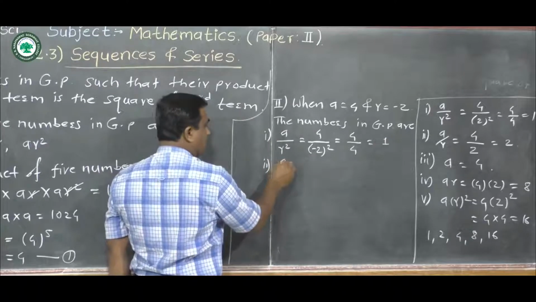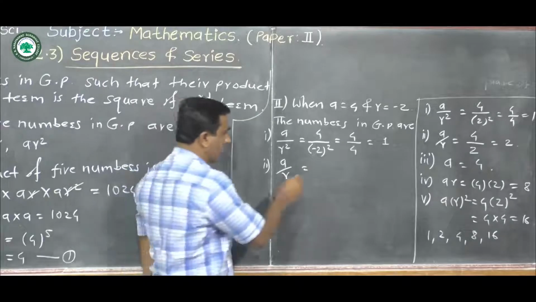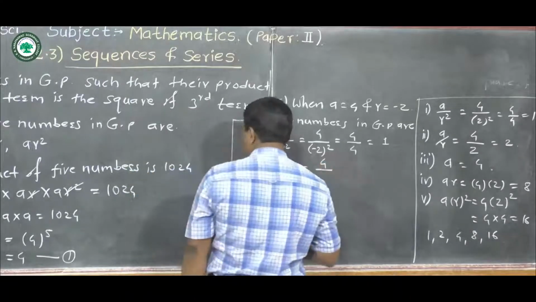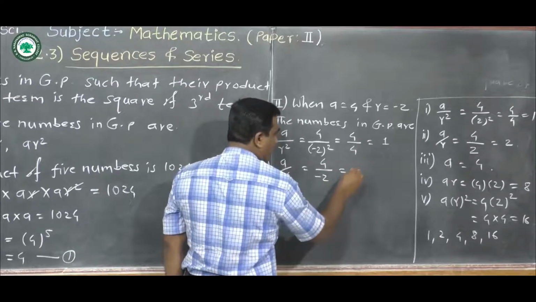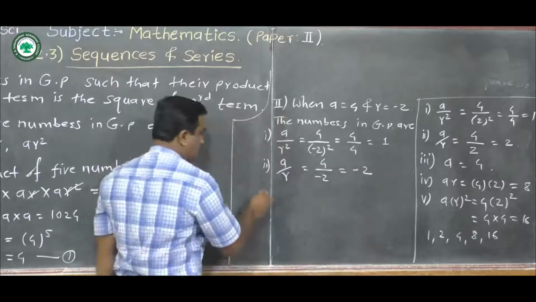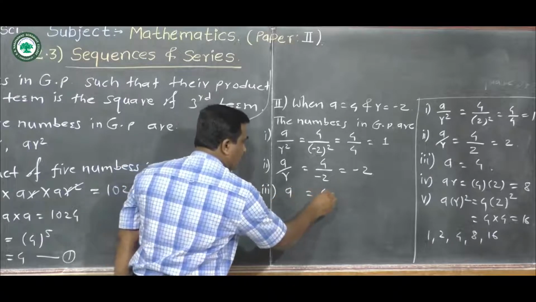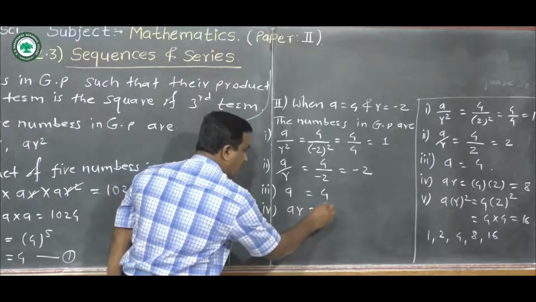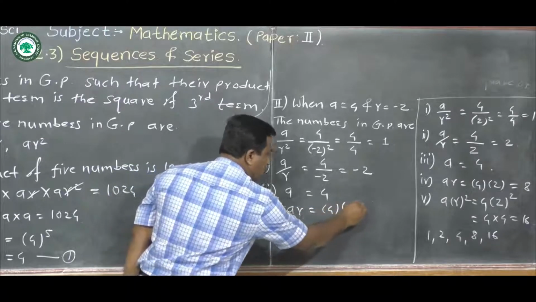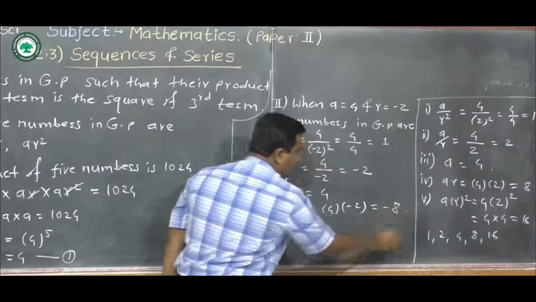Second number, a upon r is equal to, value of a is 4, value of r is minus 2, 4 upon minus 2 means minus 2. Third number, a is equal to 4. Fourth number, a into r, a is 4, r is minus 2, therefore ar is equal to minus 8.